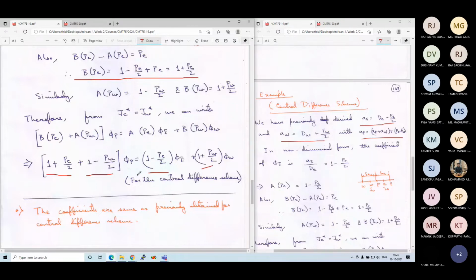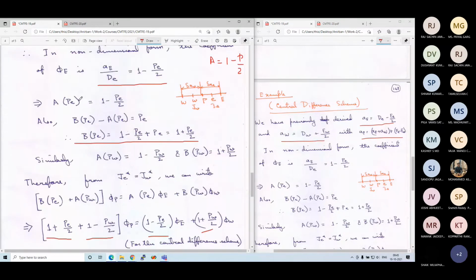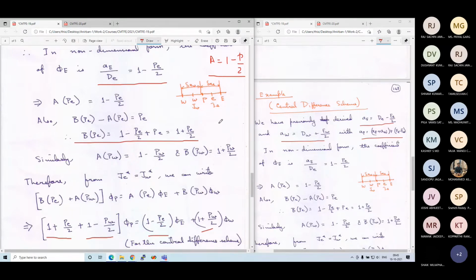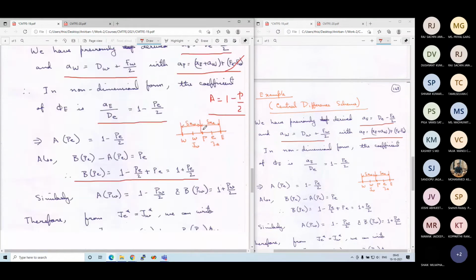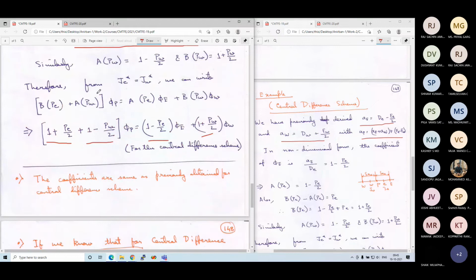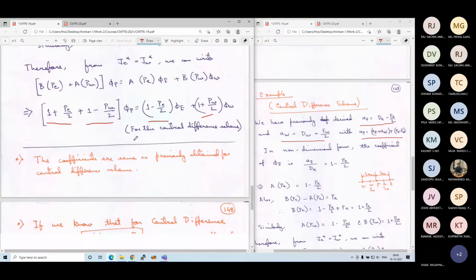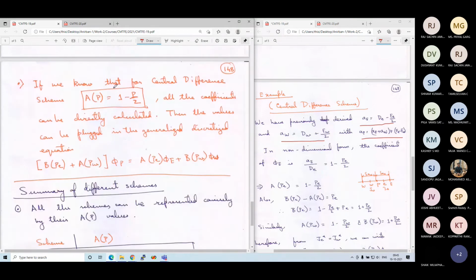So the idea is that if we just know that the A value is 1 minus P by 2 for the central difference scheme, we can calculate the entire scheme based on that value, and we can solve using the generalized discretized equation. All the coefficients can be directly calculated, and the values can then be plugged into the generalized discretized equation.